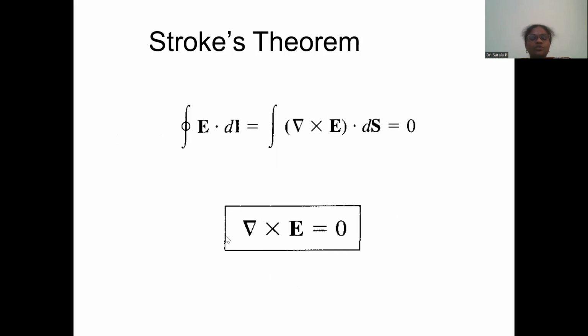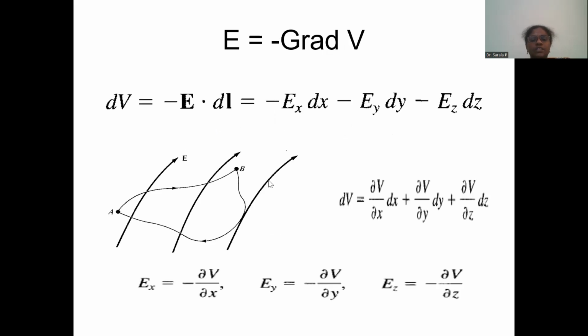And if we apply the Stokes theorem to this formula, E dot dl is the line integral, and if we want to convert this into a surface integral, then we have to take it as del cross E. E is converted into del cross E, dot ds is equal to 0. So del cross E is equal to 0. This is from the Stokes theorem.